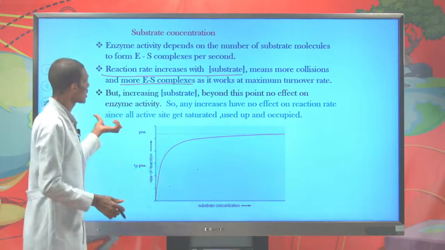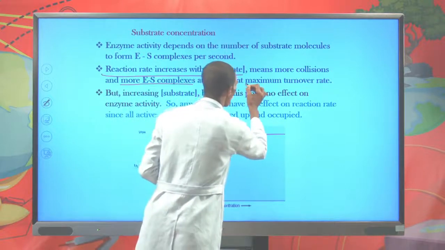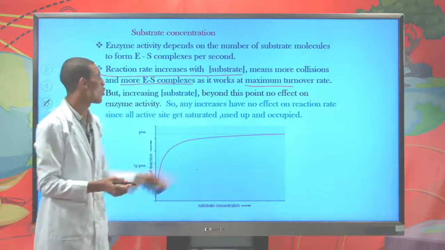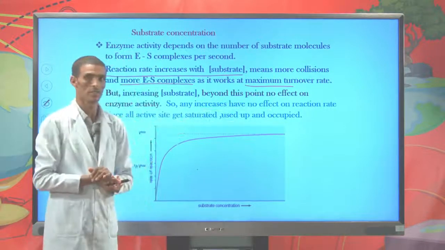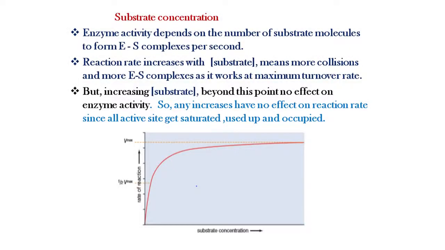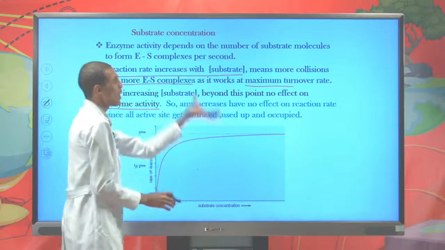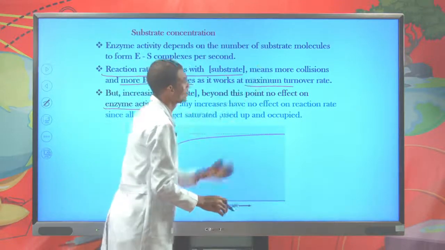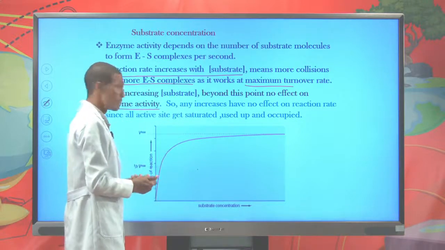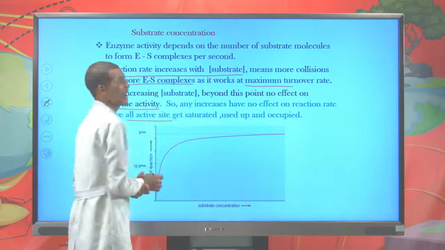If substrate concentration increases beyond the maximum point at which the enzyme can work, it has no meaning. There is no more increase in the rate of the reaction and no effect on enzyme activity, because the whole space of the active site is totally occupied.